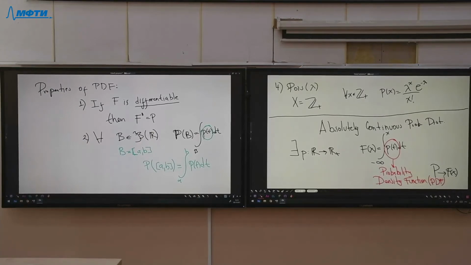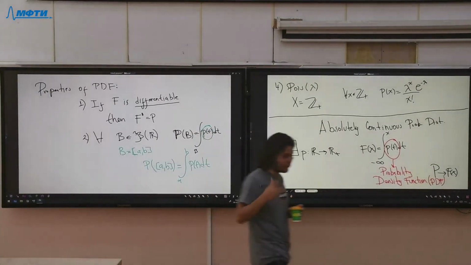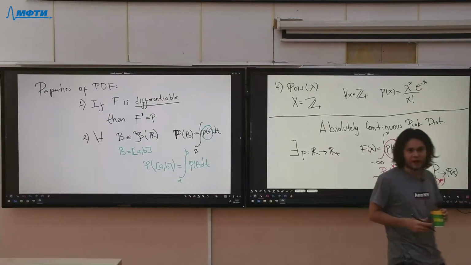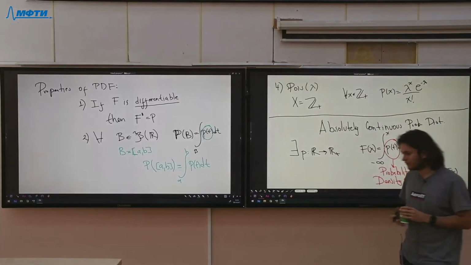And in this way, we are going to find probabilities. If we know the PDF, we can easily find the probability. Okay, good.